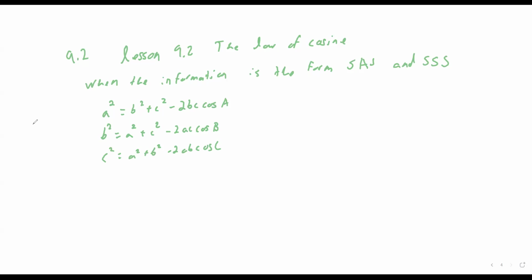The other thing that we'll be discussing in 9.2 is a different way of finding the area of a triangle. And this is using what they call Heron's formula. Again, this will be for the area of a triangle.